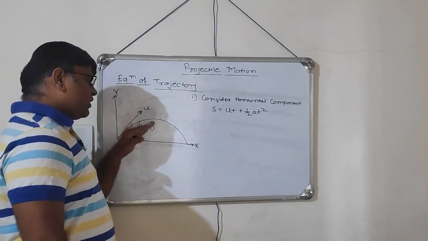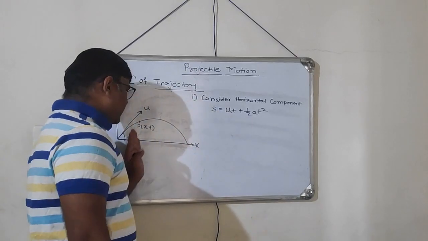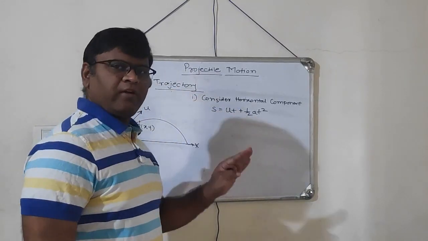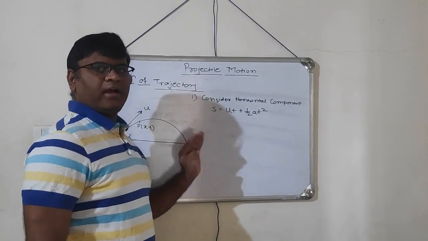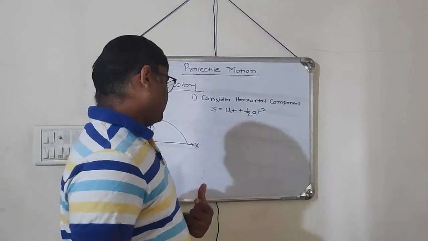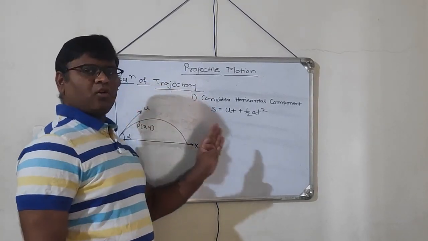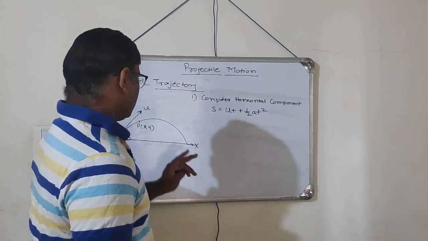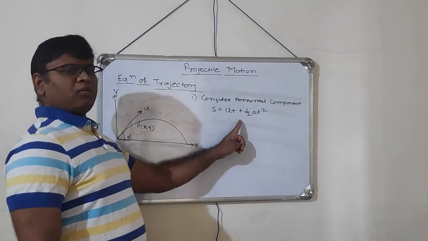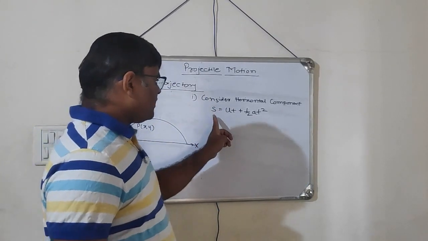In projectile motion, only acceleration due to gravity is acting on the particle. As I told you, we neglect air resistance. So only acceleration due to gravity is acting on the particle, which has a constant value, that is 9.81.